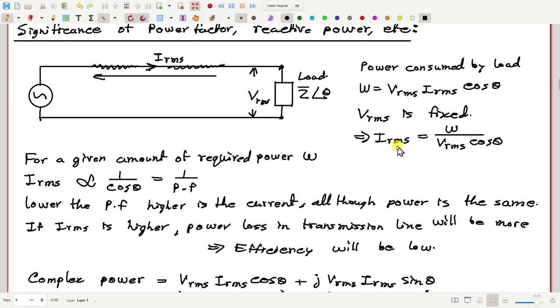And if IRMS is low, then the power loss in the transmission line will also be low, because transmission loss is equal to IRMS squared multiplied by R, where R is the resistance of the line, which cannot be zero. And when we are considering hundreds or thousands of kilometers of transmission line, the resistance is not zero, of course. Okay, is it fine?